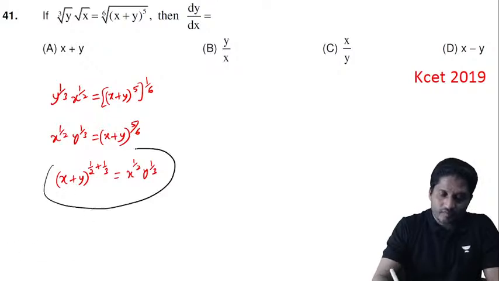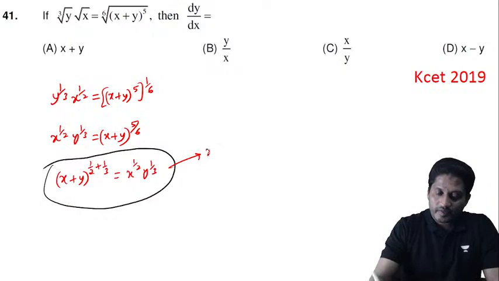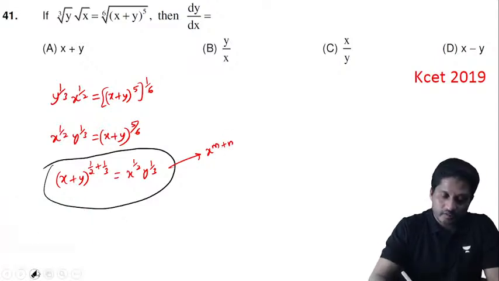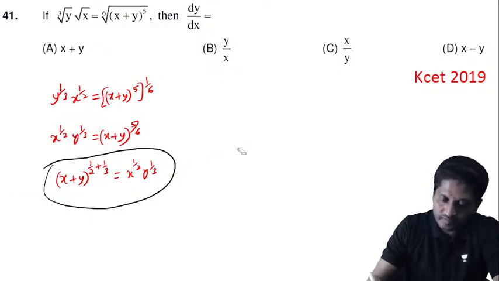Alright, now this is of the form x plus y whole to the power of m plus n is equal to x power m into y power n.